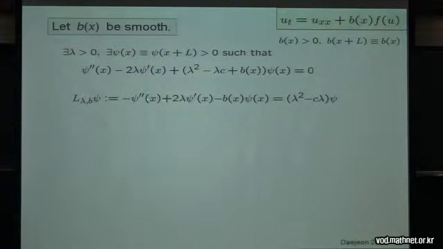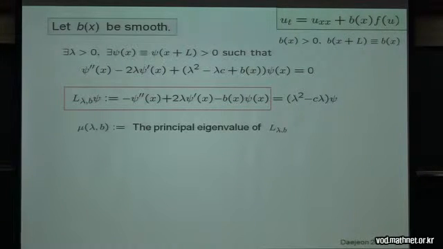Then L sub lambda b psi is equal to lambda squared minus c lambda times psi, where lambda is some positive constant and c is some positive constant, but anyway, this is constant. This means that psi is an eigenfunction of this operator L sub lambda b.